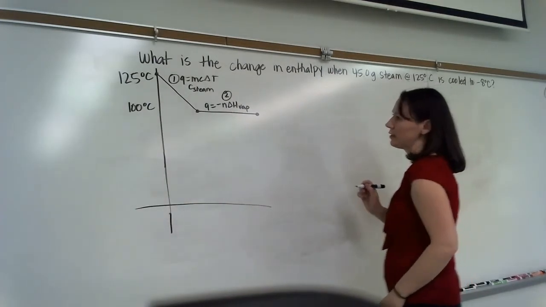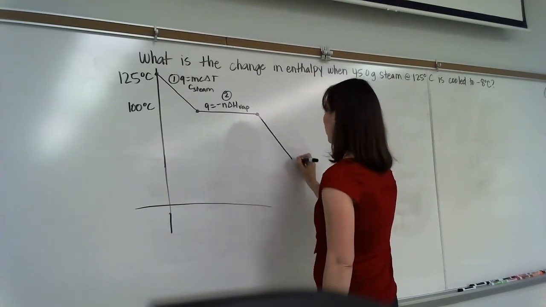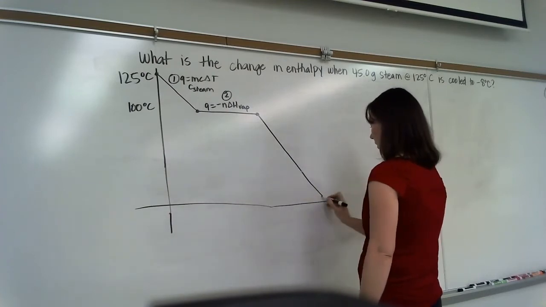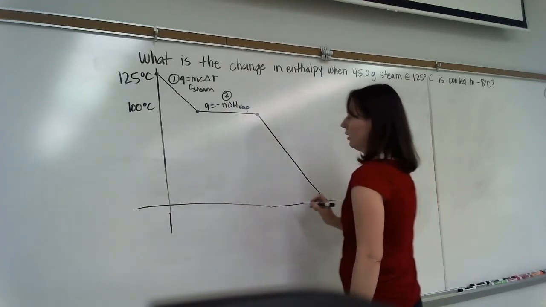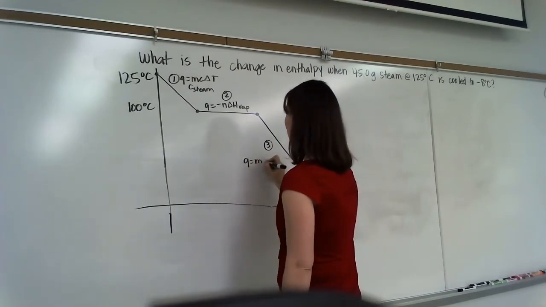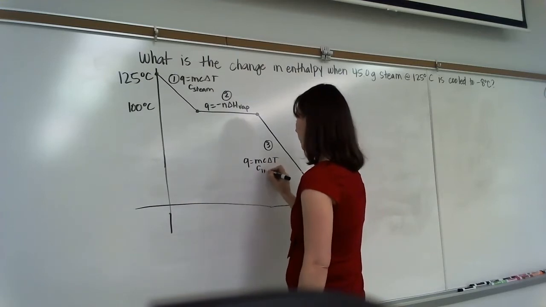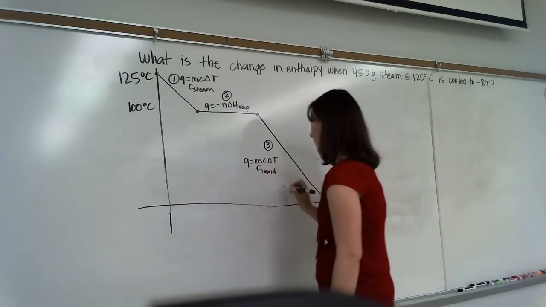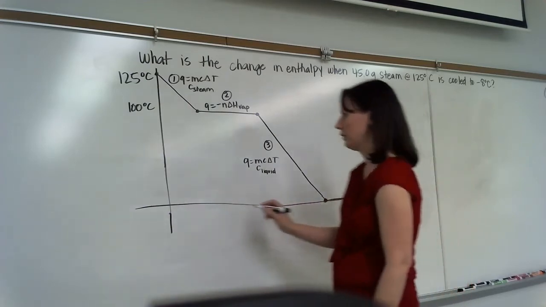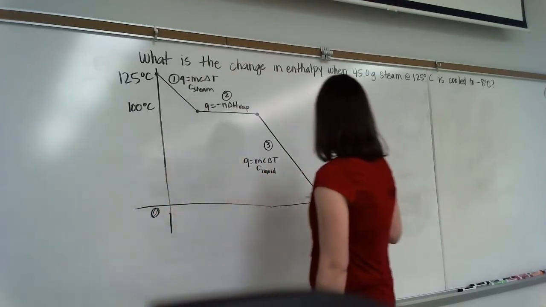So we've condensed all of that steam to liquid water. Now we're going to cool. Here we're doing Q equals MC delta T, using the C of liquid. Then we're going to freeze when we hit 0, because that's the freezing point.